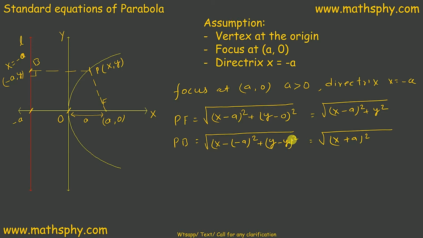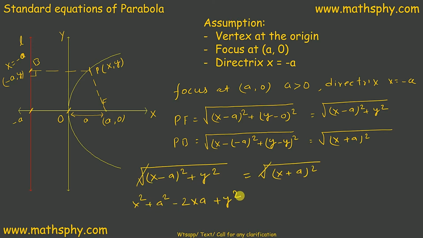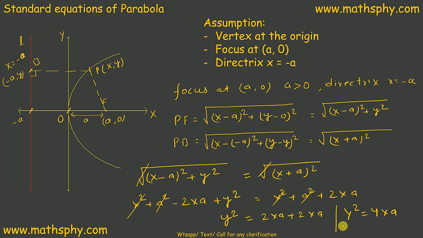Y minus y is 0, 0 square is 0, leave it as it is. Now you know PF is equal to PB. In that case, this will be y square equals 2xa plus 2xa, meaning y square equals 4xa.